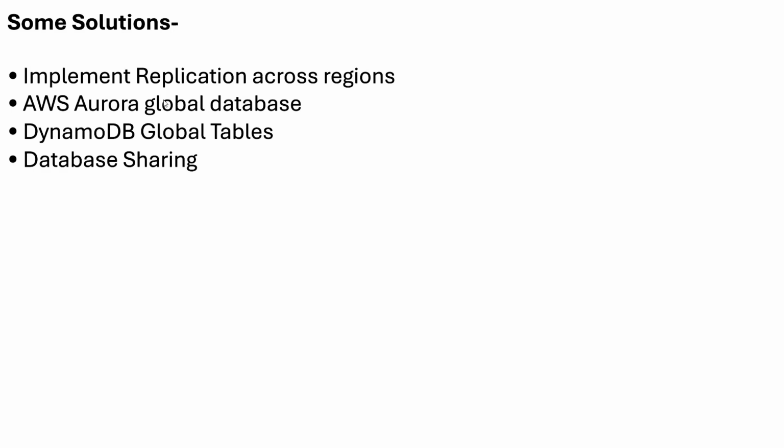Aurora Global Database gives you a multi-region approach. Next, you can have NoSQL in DynamoDB global tables if you have other databases. And the next thing is database sharing.